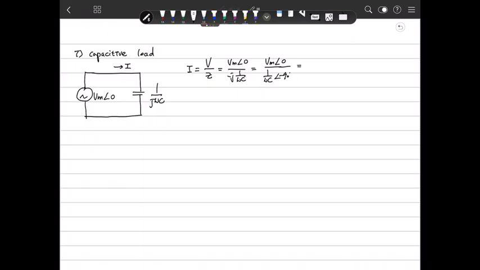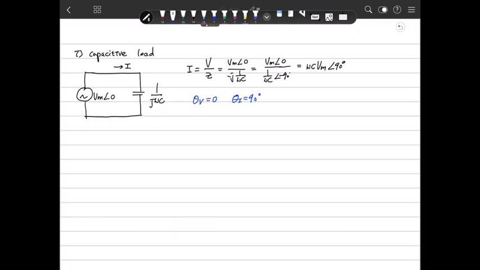So there will be omega C Vm and angle is 90 degrees. So what's the meaning of that? In this case, theta V is 0, but theta I is 90 degrees.